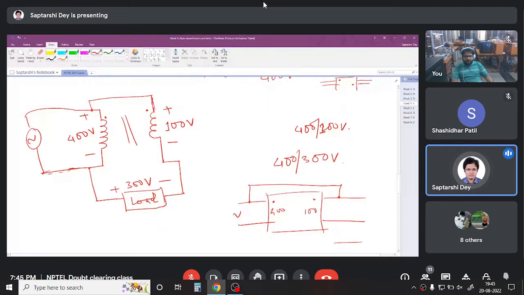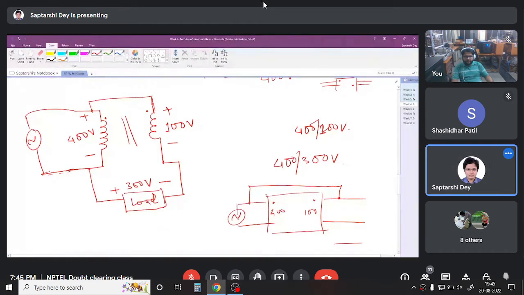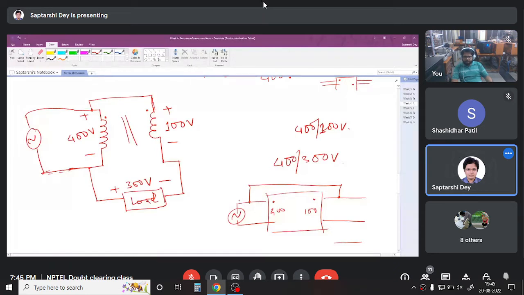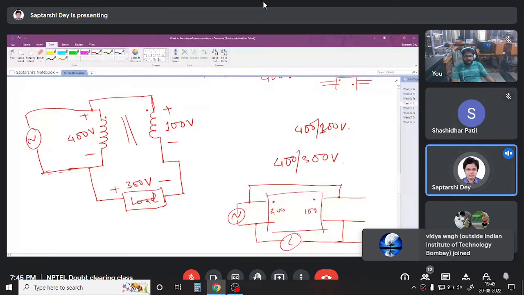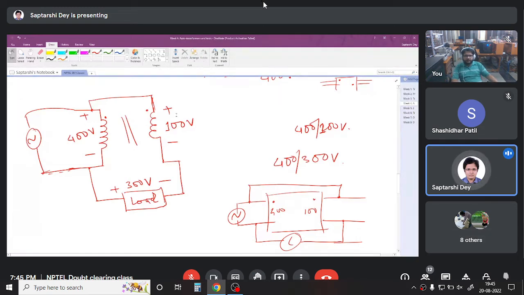I have to give the supply here and I have to connect my load in these terminals. Again, the dot convention is important in this way. So that is the connection, and from the analysis point of view it is the same. It doesn't matter what kind of transformer it is. The analysis does not change.